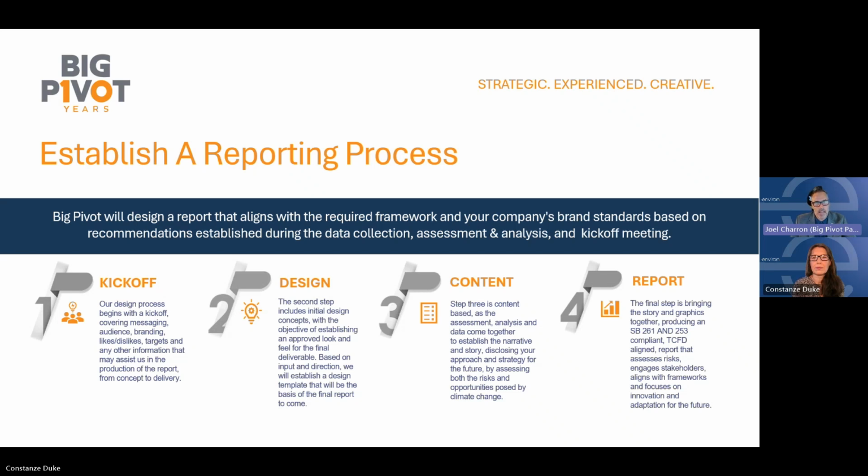So, as you establish these reporting processes, I think it's going to be critical to have a single point of contact to help drive the report and to meet the deadlines as we approach August. You can go to the next one.